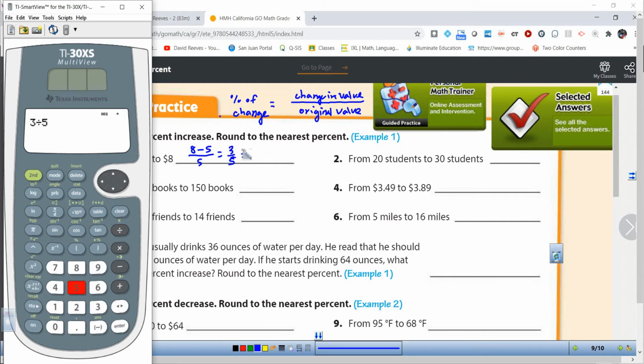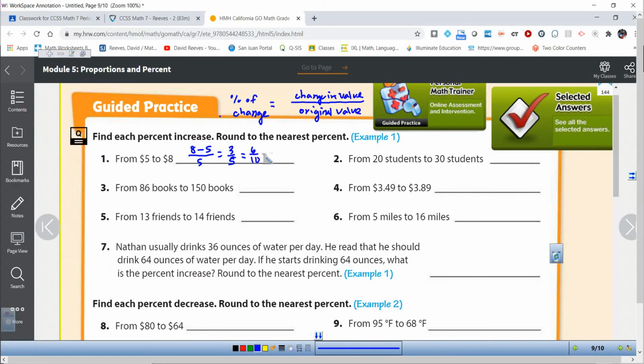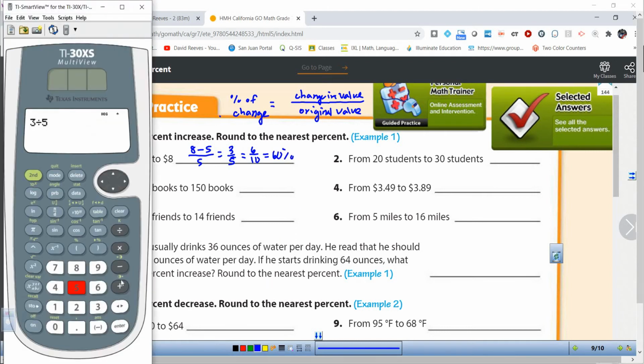This is one you should know, because 3 divided by 5 is equal to 6 divided by 10, and that of course is 60%. But if you did not remember that, that's okay. 3 divided by 5, and you get 0.6, which is 60%.